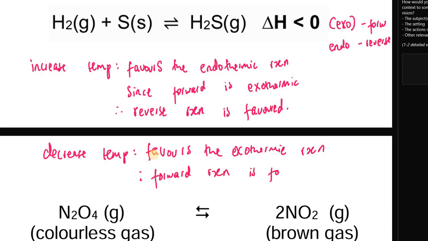Why? Because we said the forward reaction is the one that is exothermic. Right. So good people, I hope you understand how these factors affect equilibrium.